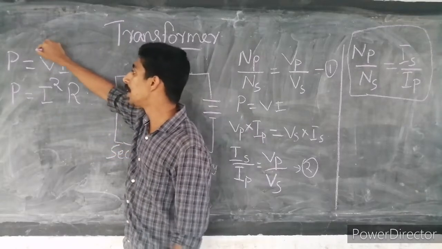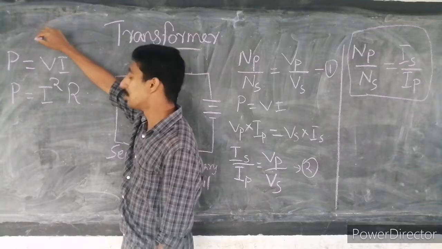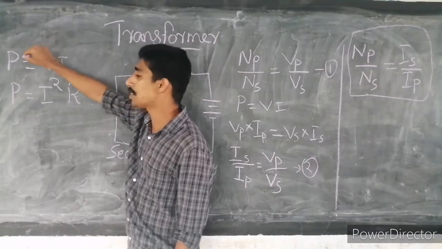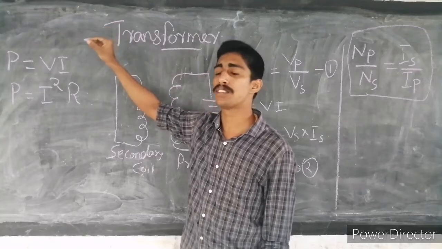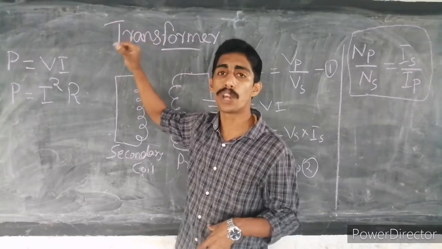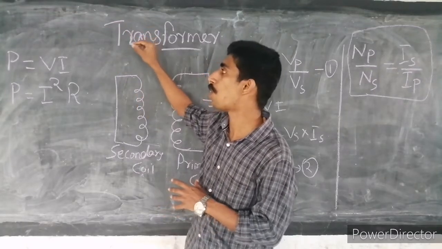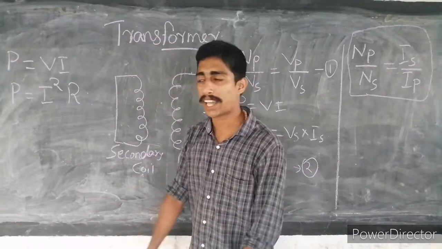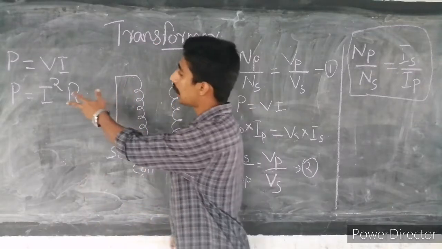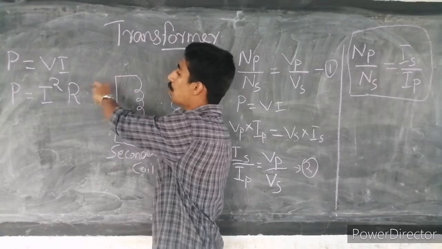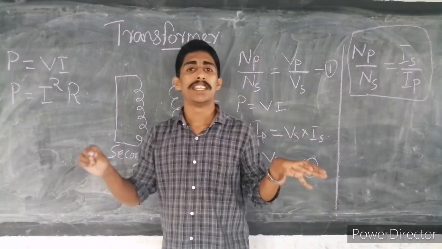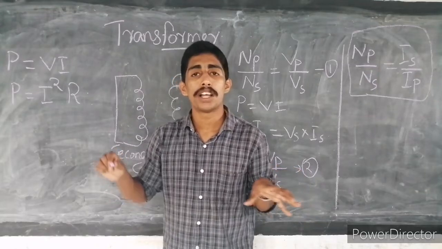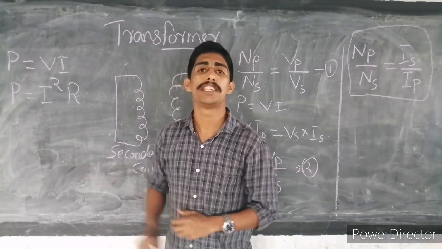The meaning of the first equation is that power is the product of potential difference V, or EMF, and electric current. And another equation, P is equal to I square R. Then how will this power loss take place?